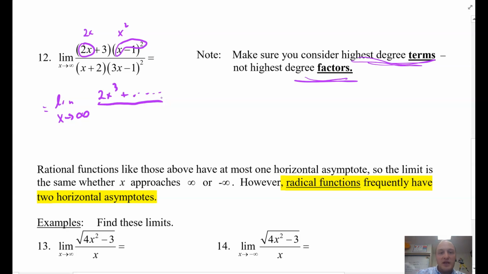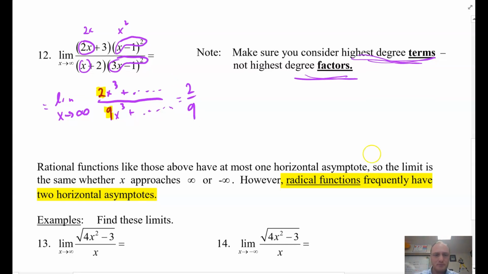Now when I look at the denominator, I have 3x squared, and I have an x term here. So 3x squared, that's 9x squared, times x gives us 9x cubed, plus, again, a whole bunch of other stuff. So here I have the powers that are equal, and when this happens, we care about the coefficients, 2/9. So the limit in this case is 2/9.